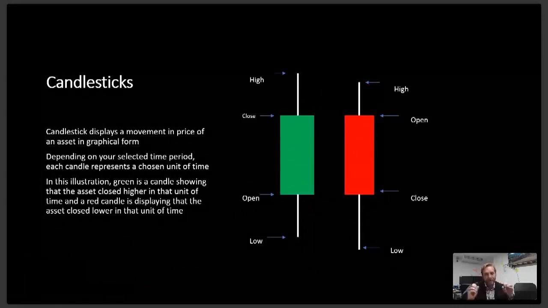So straight away, it's giving you a lot of information: open, close, high and low, in graphical form. And this is why, certainly when it comes to very liquid assets like currencies, this is the chart traders tend to favor. Because they can see where the bulls are possibly buying from, where the bears are possibly selling from, and generally the overall sentiment of that marketplace at that time.